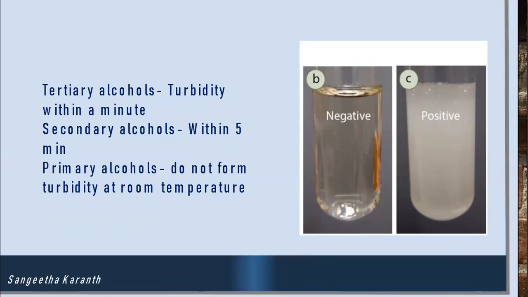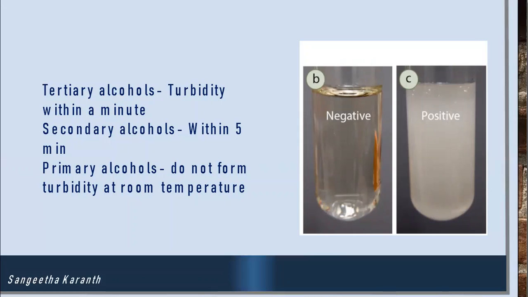What actually happens here is the alkyl chloride which is formed is insoluble in HCl. So you can see the turbidity that is formed during this reaction. If the turbidity is formed immediately, we can say that the alcohol which you have taken is tertiary alcohol.